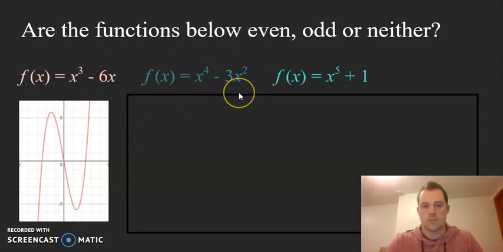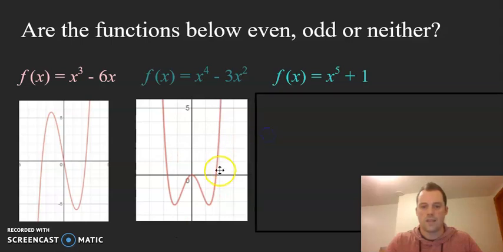For this one here, we have x to the 4th, so it may be an even degree. So let's take a look at what the minus 3x squared does. And it still is going through the origin, and it's symmetric across our y-axis. So this one's still even.